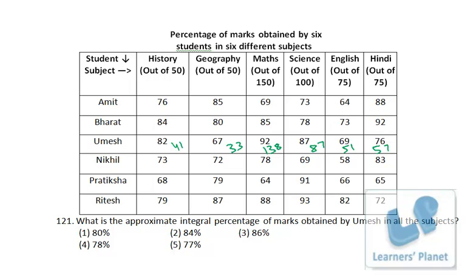Okay, now you can see options are closer, 78, 77, 86 and 84, right? So we just have made a change of just half or 1 or 2 marks, not more than that, right? So if 2 marks difference is there, out of total 500, the difference will be negligible in percentage. Okay, so this much approximation can be done, right?